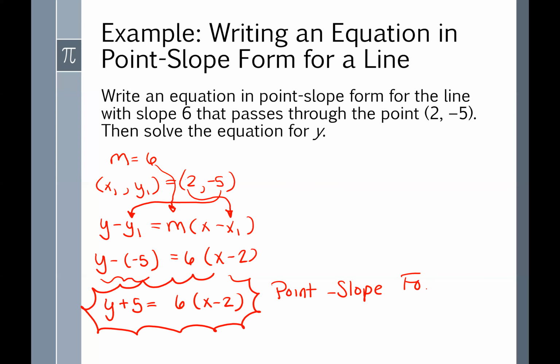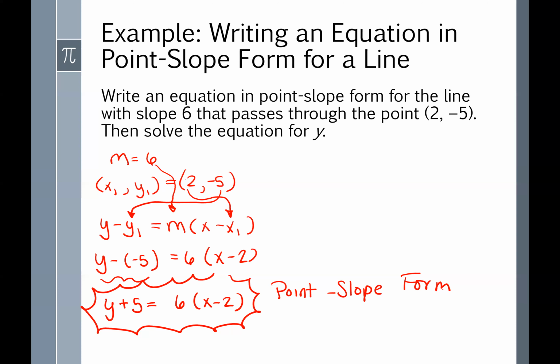So if MyMathLab asks you to enter your answer in point slope form, this is as far as you're going to go. You're going to simplify the left-hand side of the equation if you can. And the only simplification you're going to do is if you have a minus, you're going to make that a plus.